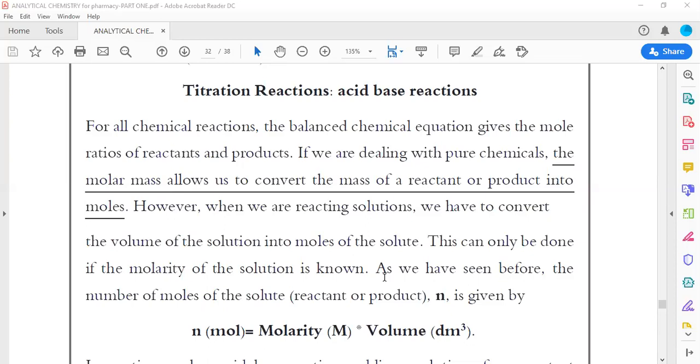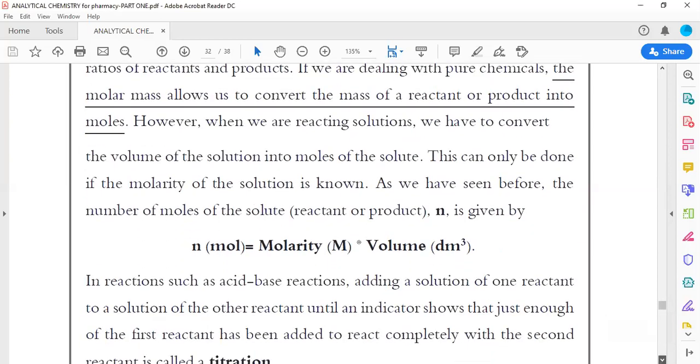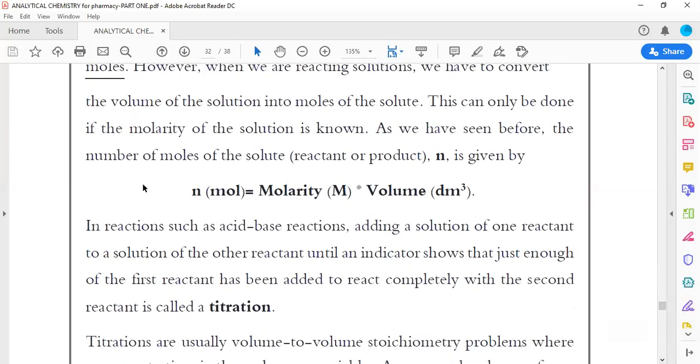As we have seen before, the number of moles of the solute, reactant, or product, N, is given by N equals molarity times volume.